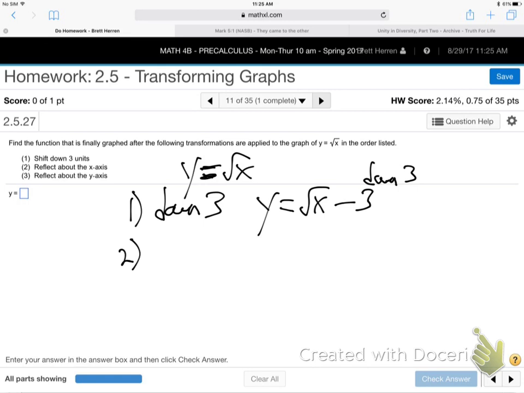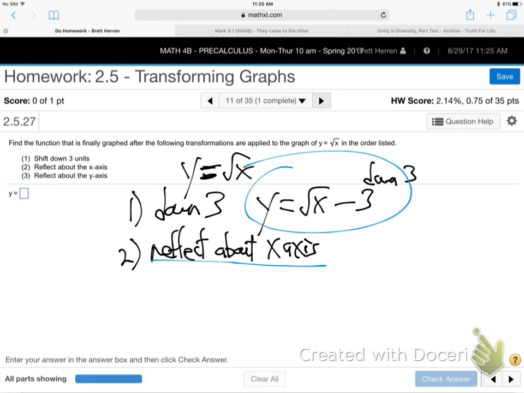Stop me if you want to talk about it. Step 2, keep going. We're going to build piece by piece. Now reflect the equation about the x-axis. Remember what that means? If you have the x-axis, you reflect from here down to there or vice versa.